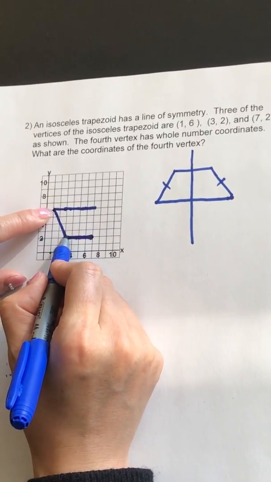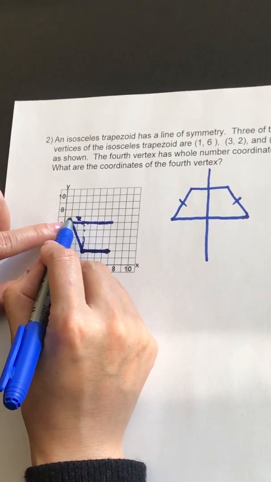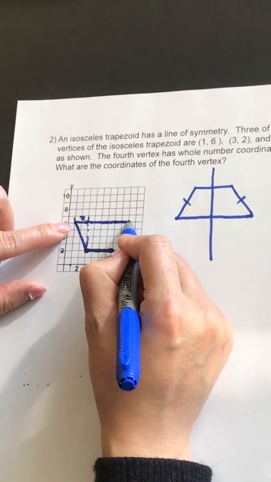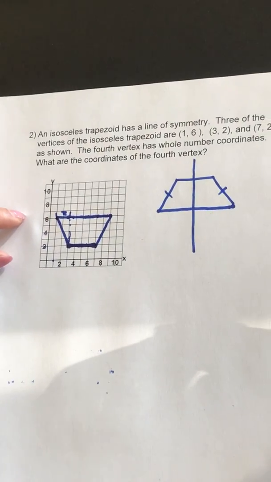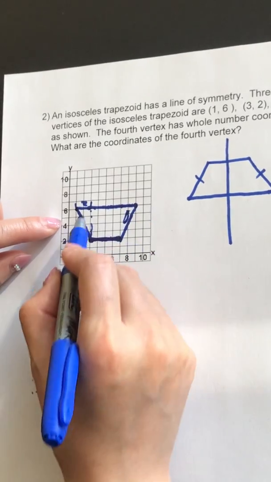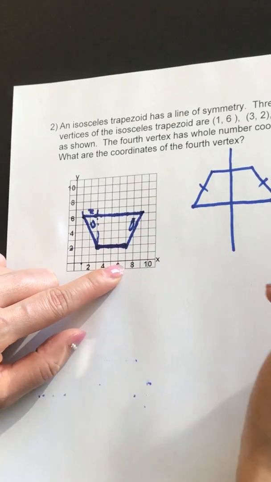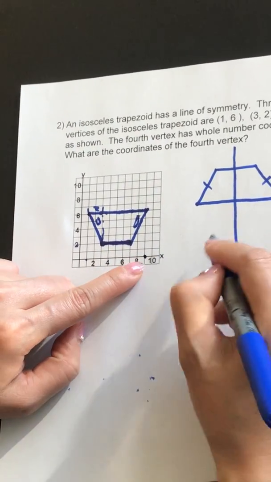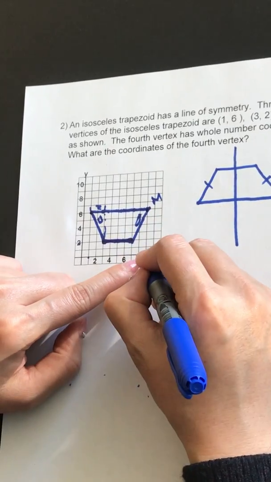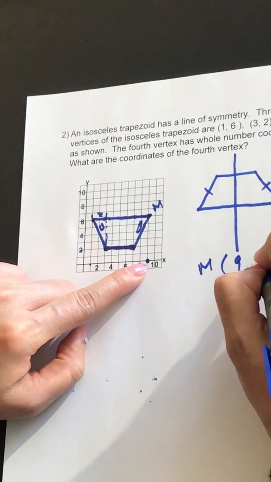From the top of this shorter side, we can see that here are 2 units, right? So on the right hand side, this needs to go out 2 units as well. So this extra area on each side is the same. Now we need to find this location. Let's call that M. Point M has a horizontal location of 9 and a vertical position of 6.